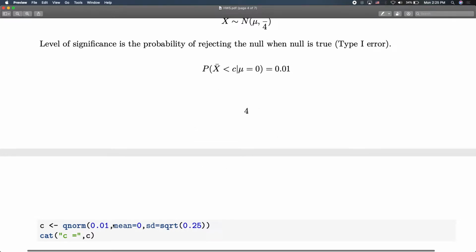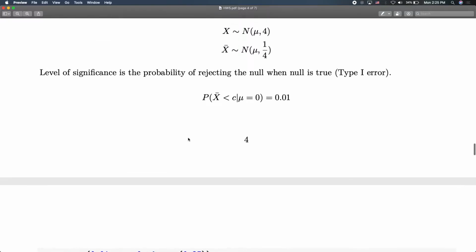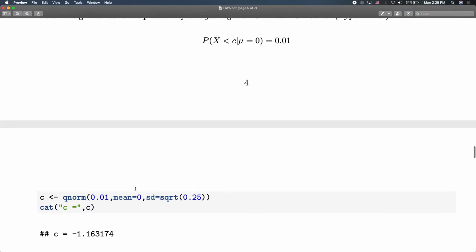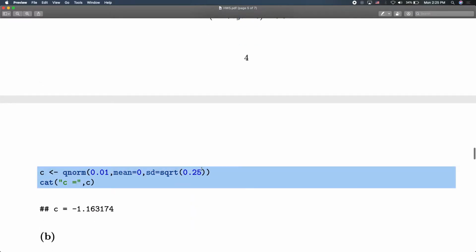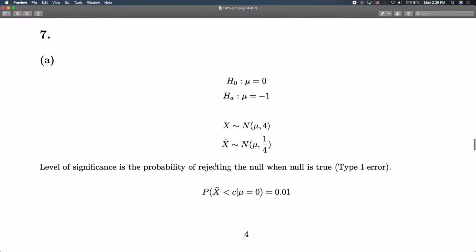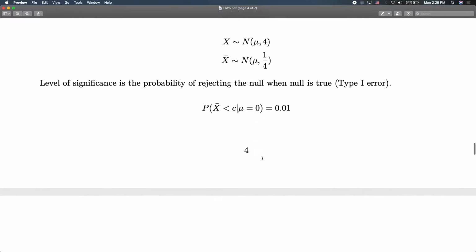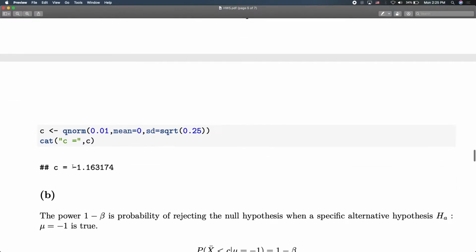So just find the quantile for 0.01 under the distribution for x bar: mean 0, which is the null hypothesis, and the standard deviation square root of 1/4, which comes from here. Then we find the quantile is negative 1.6.